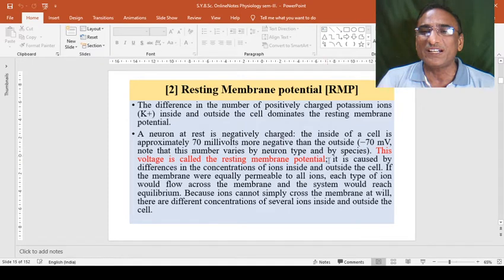Generally we can call it the potentiality of the membrane, which can be calculated in millivolts, and it depends on the amount of potassium ion movement in and out of the membrane. The resting membrane potential is generally caused by differences in the concentrations of ions either inside or outside of the cells.